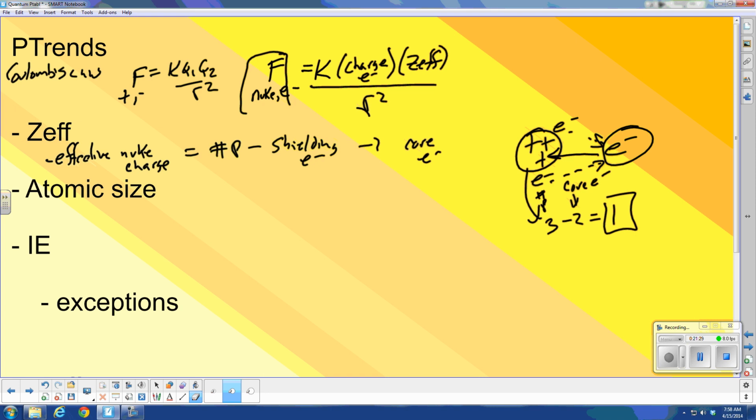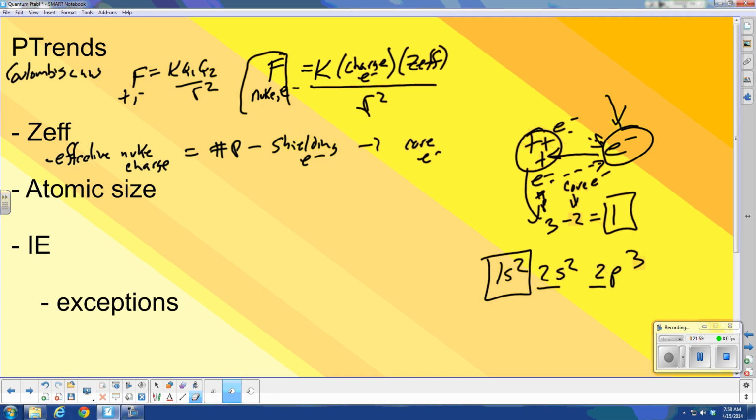And how do I figure out my core electrons? Well, my core electrons are the electrons that are not in the same energy level as your outer electrons. So if we looked at, let's say, nitrogen again, 1s2, 2s2, 2p3, my outer electrons are in the second energy level, so my core electrons are going to be my 1s.